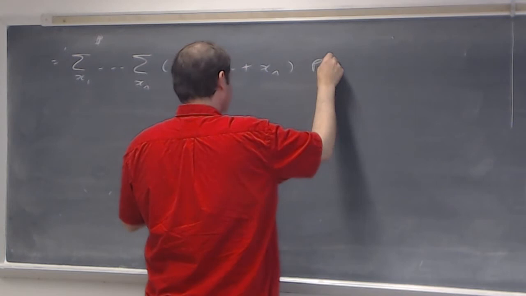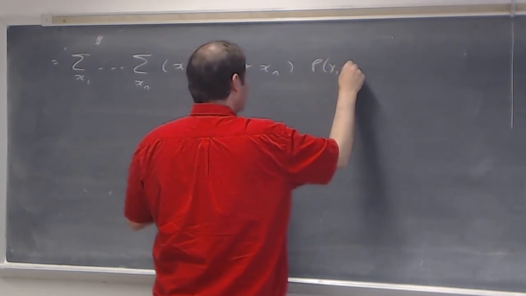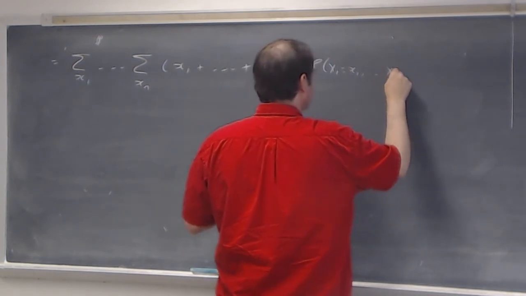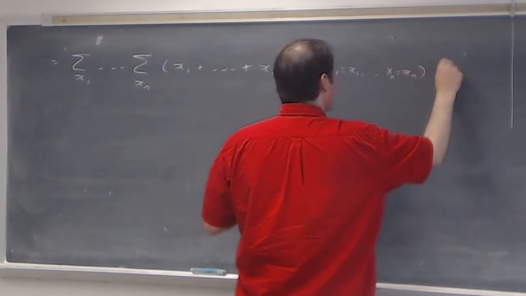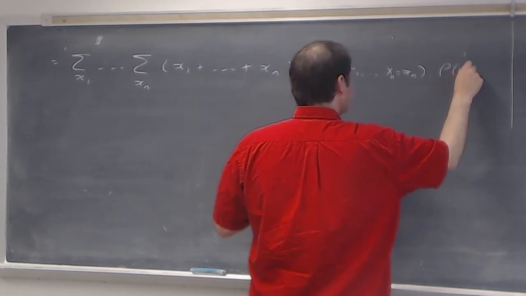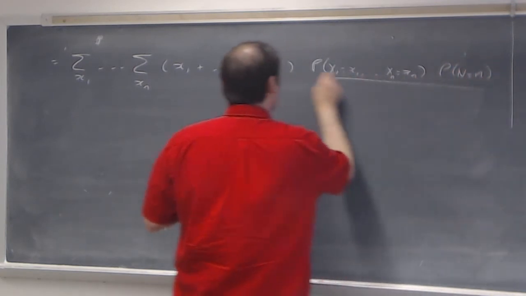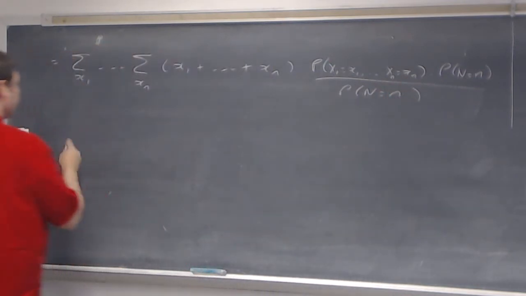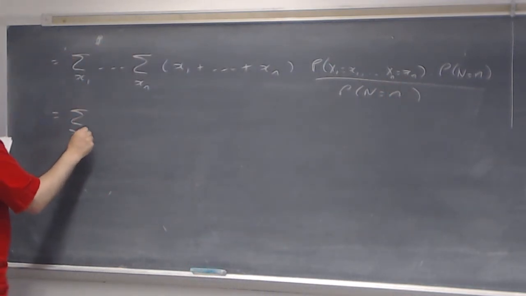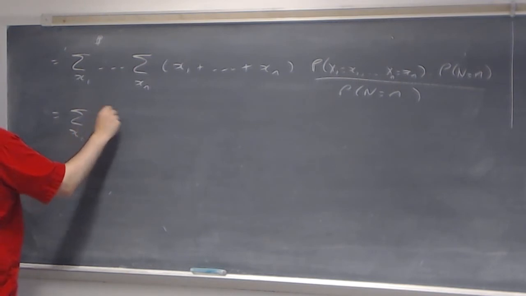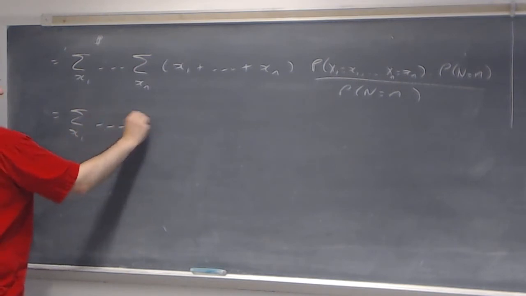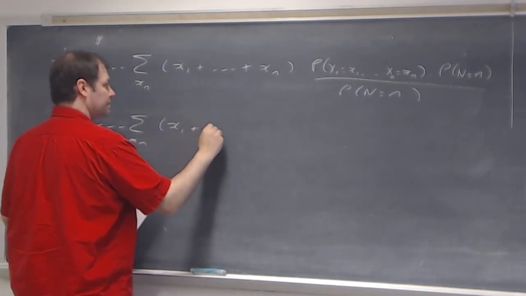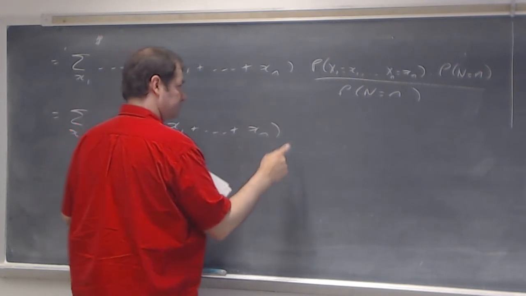This is now using the independence: the probability that x of 1 equals little x of 1, and x of little n equals little x of n, times the probability that N equals little n, all over the probability that N equals little n.